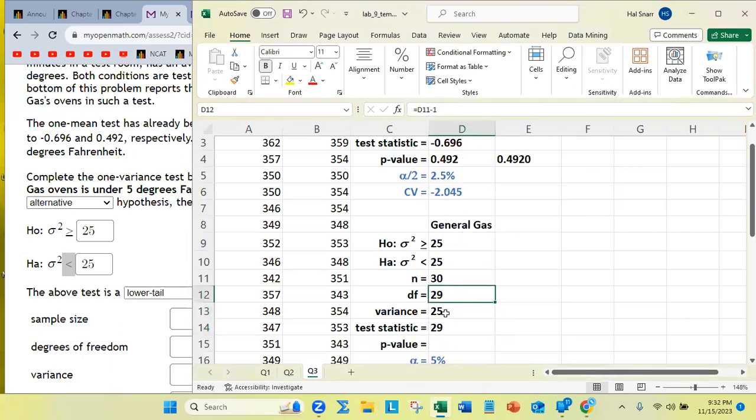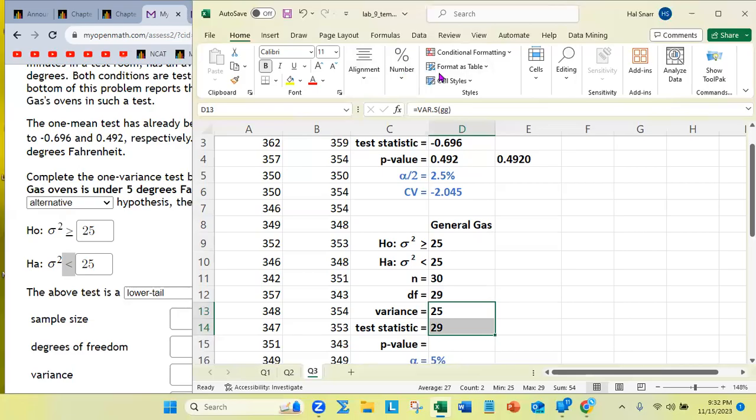So the degrees of freedom is the center of the distribution. Unlike the t-distribution or the standard normal distribution, where the center is 0 because we're looking for 0 difference, here we're looking for a ratio equal to the degrees of freedom. So the center of the chi-square distribution is the degrees of freedom.